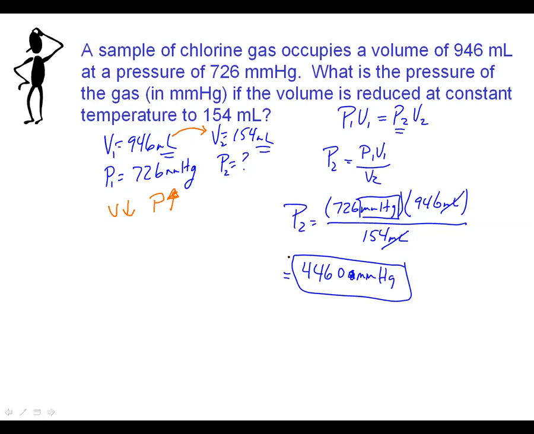And that definitely went up. Yeah, that's a big number. Any questions on that? So again, you can check your answer if you understand the relationship that happens with some of these gas laws, just to make sure you didn't accidentally invert a number or something of that nature. Any questions?